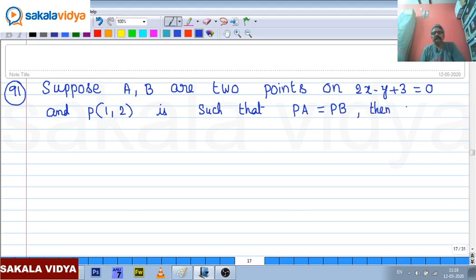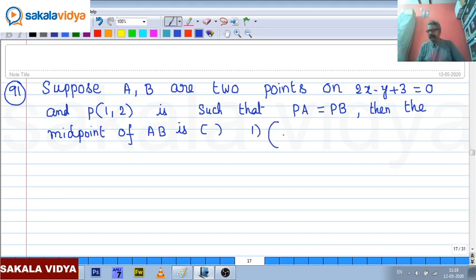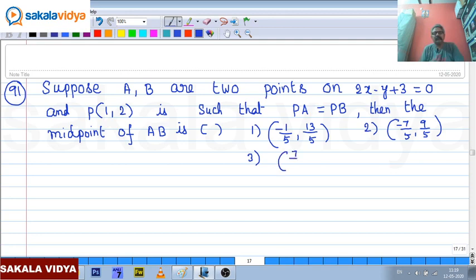Then the midpoint of AB is: first option, (minus 1 by 5, 13 by 5); second option, (minus 7 by 5, 9 by 5); third option, (7 by 5, minus 9 by 5); fourth option, (minus 7 by 5, 16 by 5).